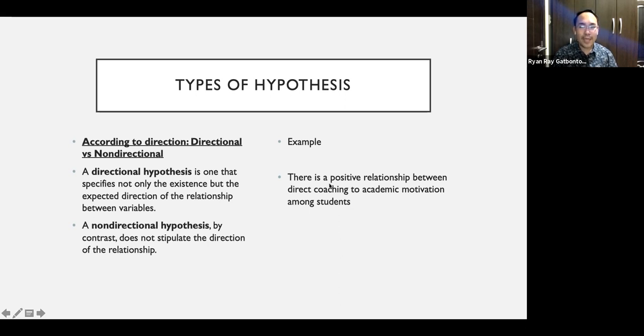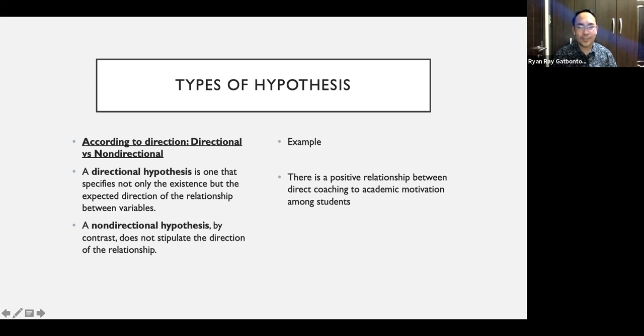So we remove any direction words that may indicate where our relationship or our prediction is going. Some people would argue that using non-directional hypotheses is better because it eliminates bias, it eliminates our presumptions when we try to find a relationship between our variables.